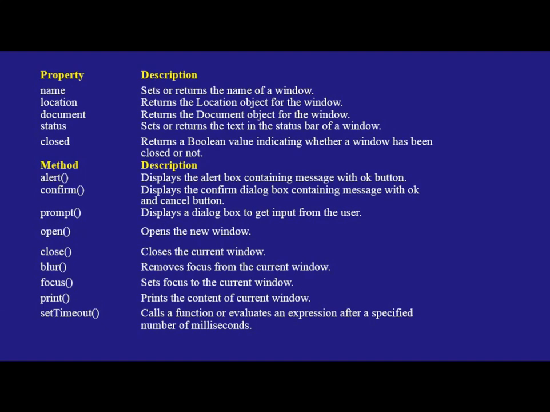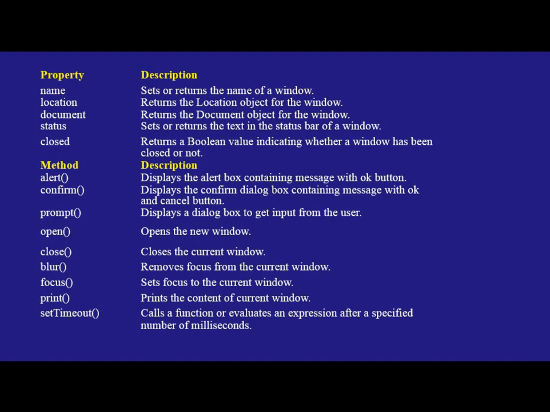In a similar way we are going to use the methods. Some other methods we are going to use while writing JavaScript programs: the first one is alert. It displays an alert box containing a message with an OK button. This method, if you use it in a JavaScript program, will display the alert box containing the message with the OK button. Next method, confirm.